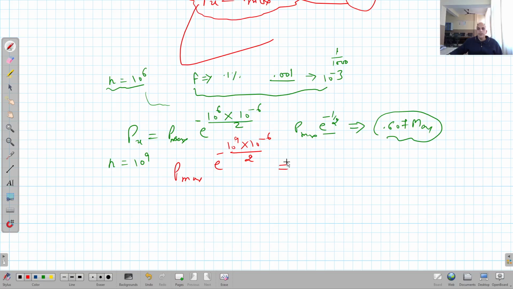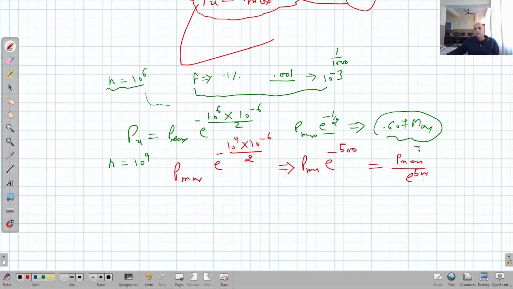So it will give you p max into e raised to power, now here it is 10 raised to power 9 times 10 raised to power minus 6, which means 10 raised to power 3, 1000, divided by 2, e raised to power minus 500. So it will give me p maximum upon e power 500.